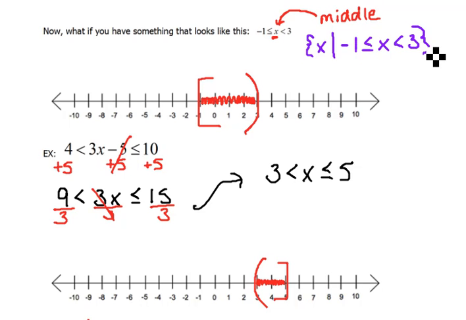It really is that simple. Now for our interval notation, again we read it off the graph. We started at negative 1 with a bracket, and we go all the way to the right to 3 with a parenthesis. So this is what our interval notation looks like for this problem.